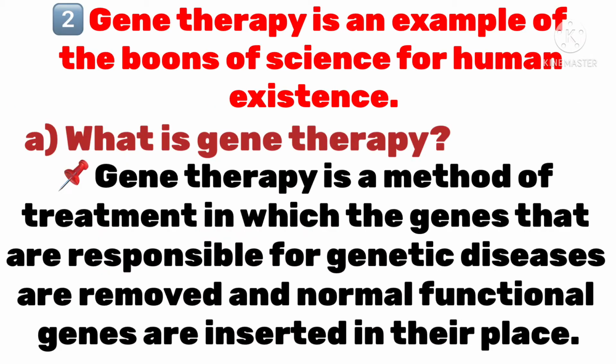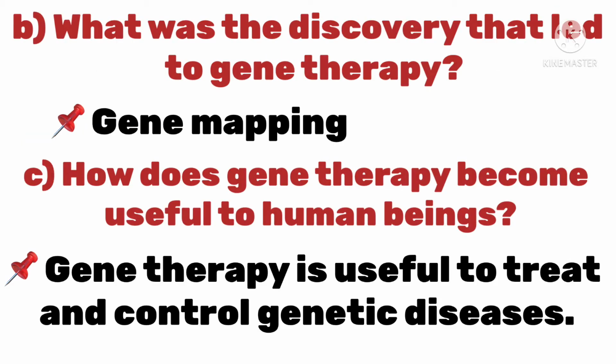Second question. Gene therapy is an example of the boons of science for human existence. A. What is gene therapy? Gene therapy is a method of treatment in which the genes that are responsible for genetic diseases are removed and normal functional genes are inserted in their place.